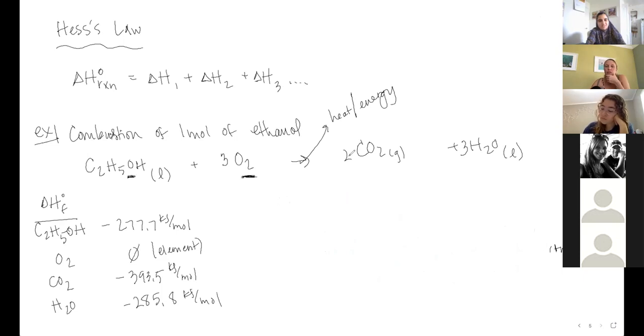So we need to put a 2 in front of this carbon dioxide, which makes this side have 4 oxygen plus another one, 5 oxygen.